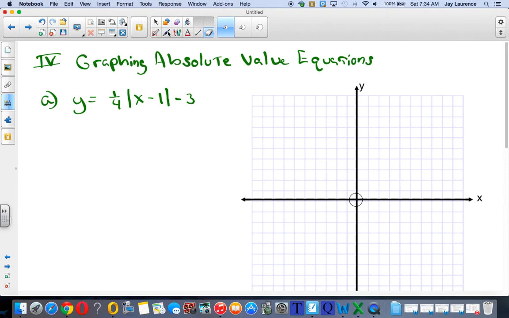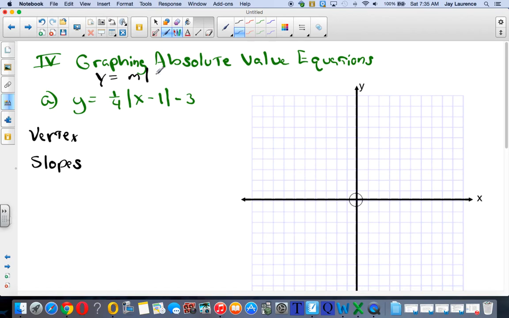Graphing absolute value. Remember, there's two things we have to find. We have to find the vertex, and then there's two slopes that we're going to use when we do it. So the vertex on this one, remember the equation y equals m times the absolute value of x plus h, minus k.